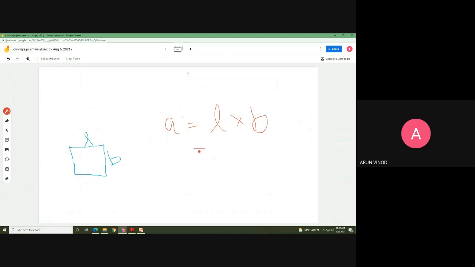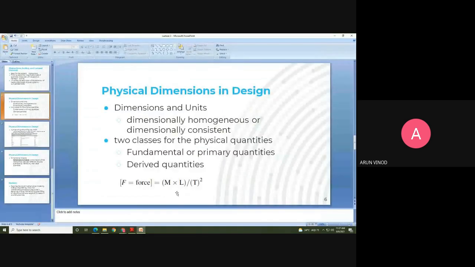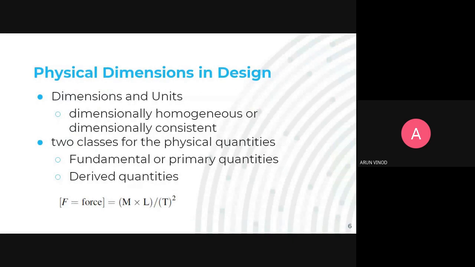Length can be represented as L and breadth can also be represented as L, so finally it will be L square. This is the dimension of A. Dimension of A will be L square. What do you mean by this? Dimension means you are converting the fundamental or primary quantities into derived quantities.